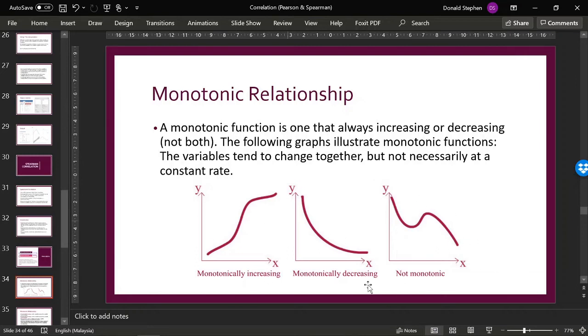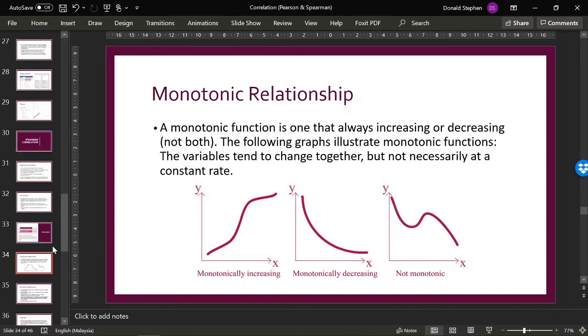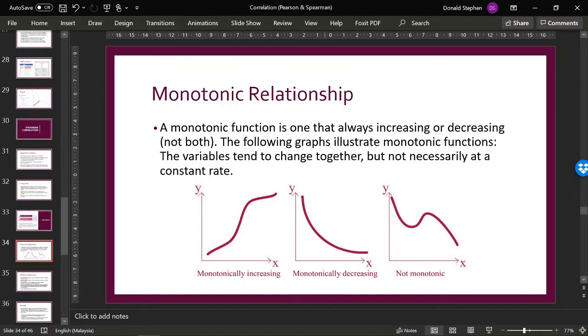When you see this, it may not be a straight line. It can be a curved line like this. For Pearson, it needs to be about a straight line, isn't it? For Spearman, it doesn't have to be a straight line. As long as it is monotonic, it is okay.